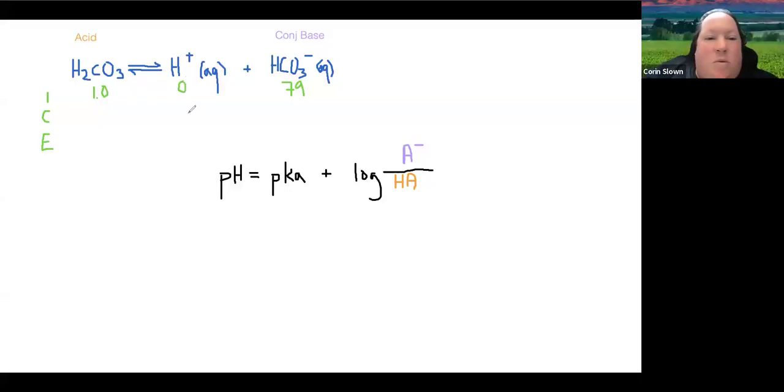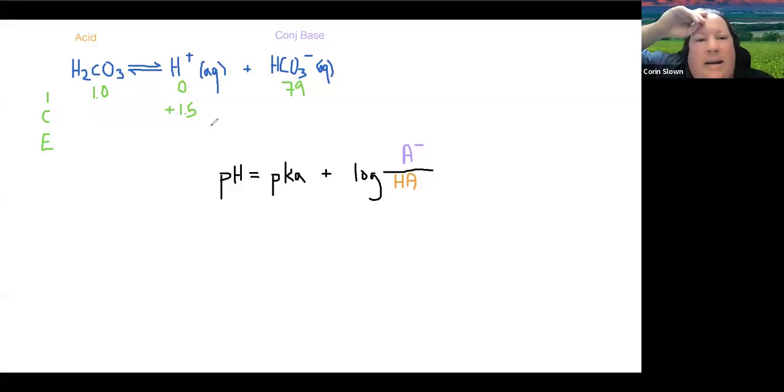But let's say that we're going to add acid to our solution. It could be HCl, anything that is donating H plus. And let's say that we add 1.5 moles. Okay, so if we add 1.5 moles, what's going to happen in our buffer? What's going to react? So that's our change. We've added 1.5.